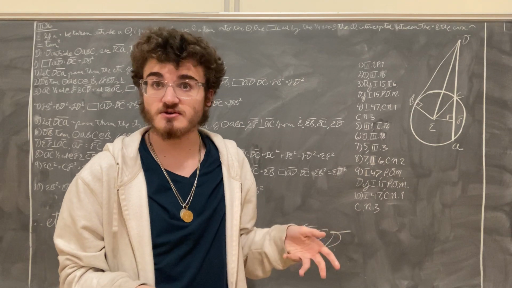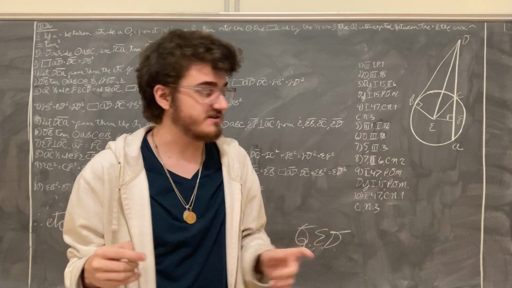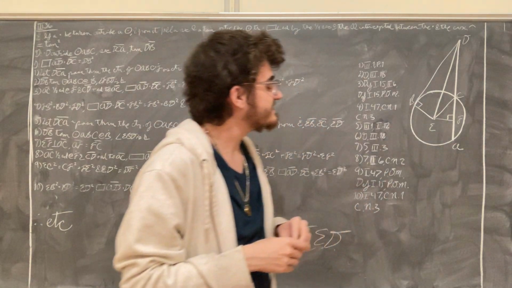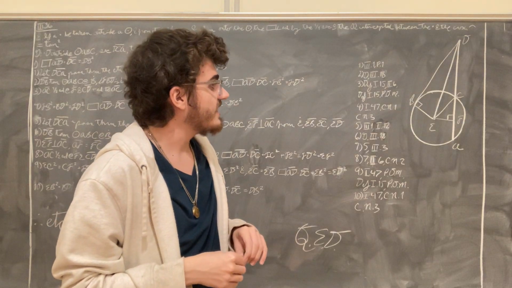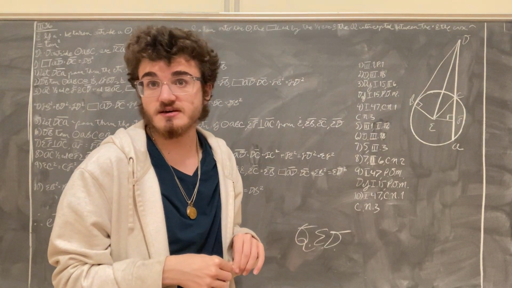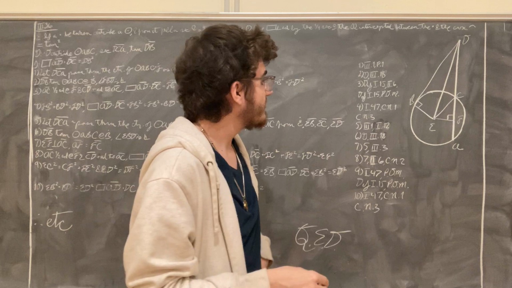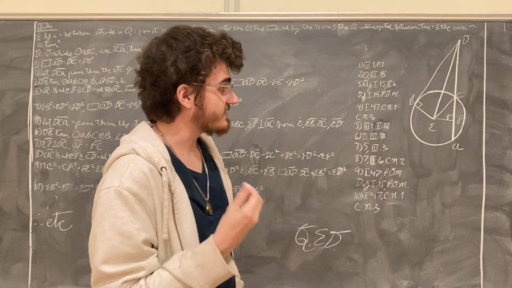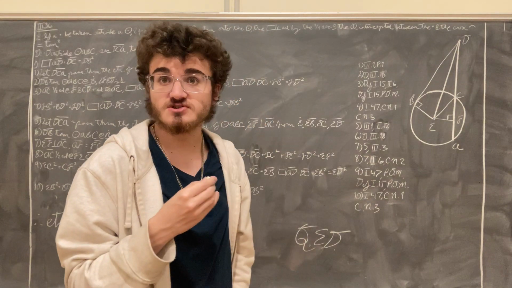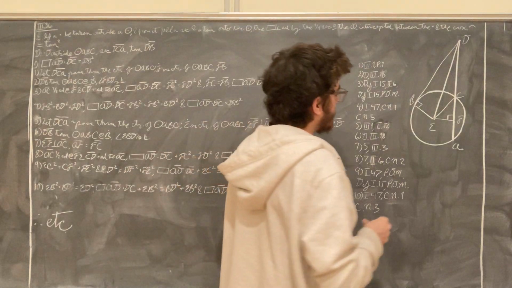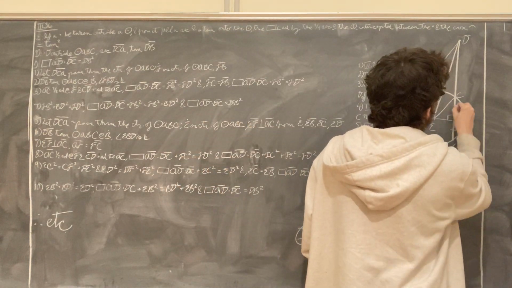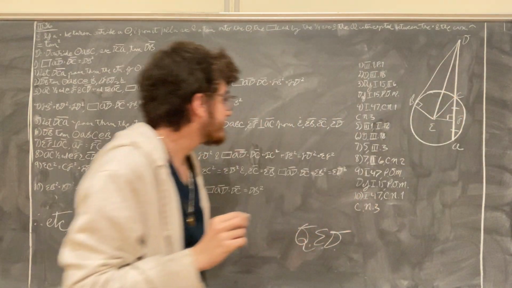It's perpendicular to a straight line not through the center, namely AC. And so we know by proposition 3.3 that not only is EF perpendicular to AC, EF also bisects AC at the point F, so AF will equal FC.